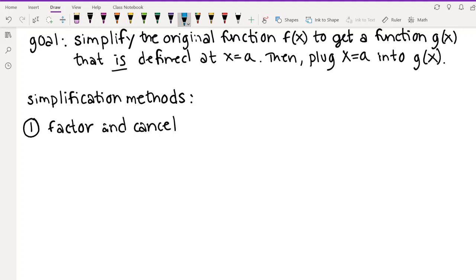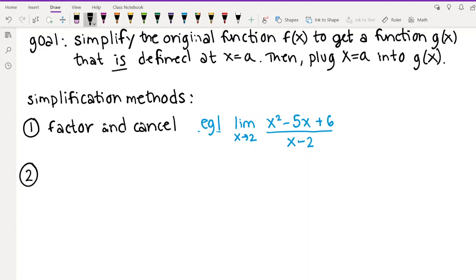So if we were trying to take the limit as x approaches 2 of x squared minus 5x plus 6 over x minus 2, that would be the type of function where the simplification method would be factoring and then canceling. So basically, if you have a polynomial in the numerator and in the denominator, and especially if you can notice that there might be a common factor between them, that's when you want to use this factor and cancel method.